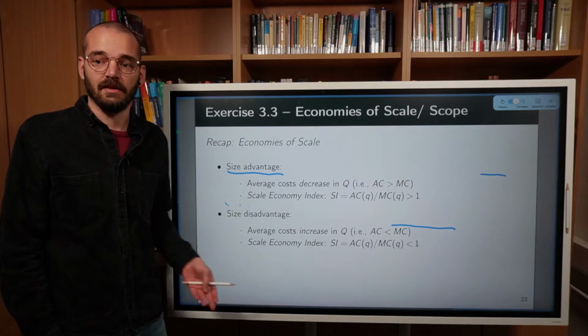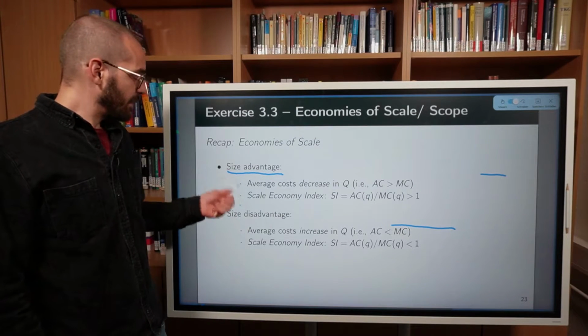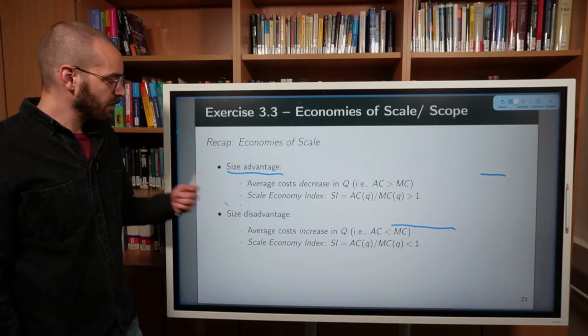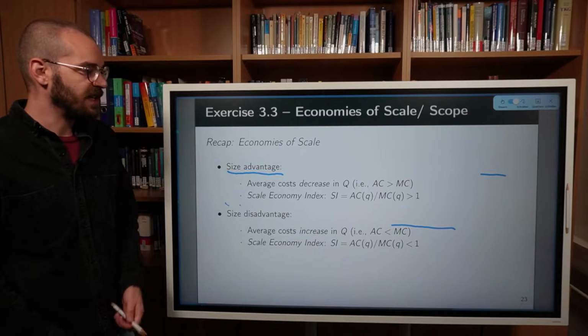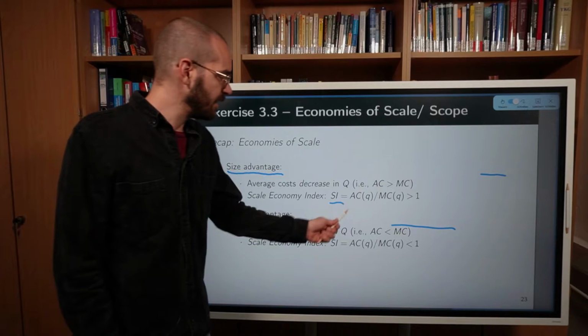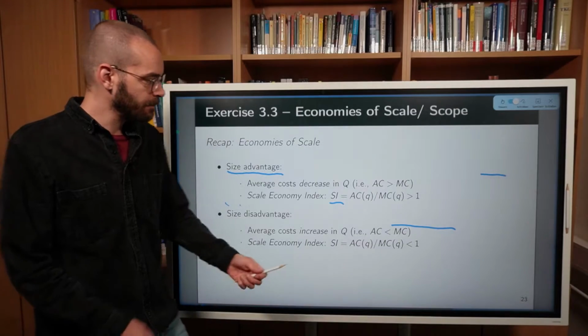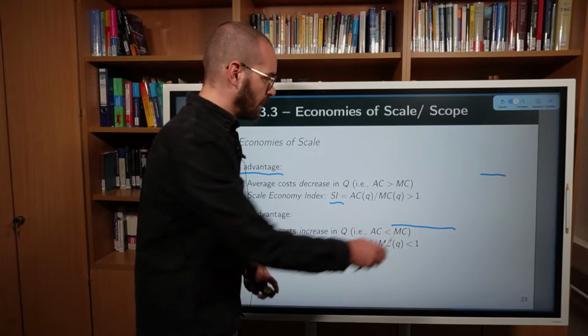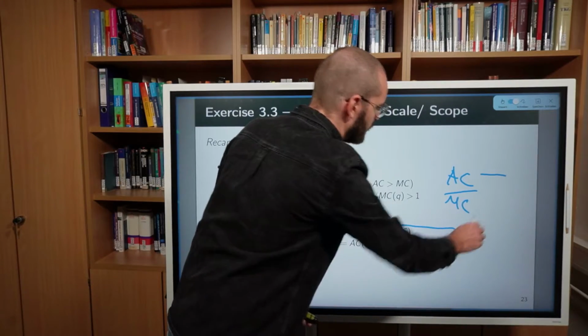are economies of scale. If there is size advantage, then the so-called scale economy index takes a value which is larger than 1. The scale economy index, again, is defined as the fraction of average costs divided by marginal costs.